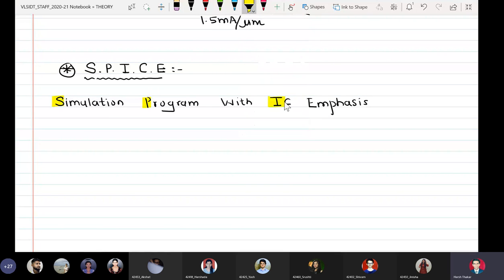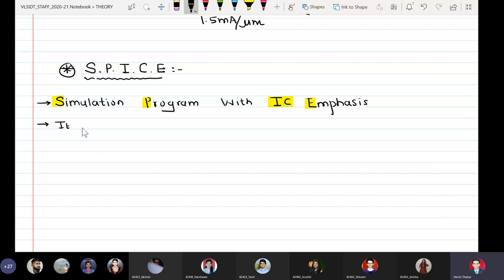Specifically, it has IC emphasis because this particular language is meant for simulating future devices by changing the different dimensions and seeing how the circuit performs compared to the previous one. So SPICE stands for simulation program with IC emphasis.